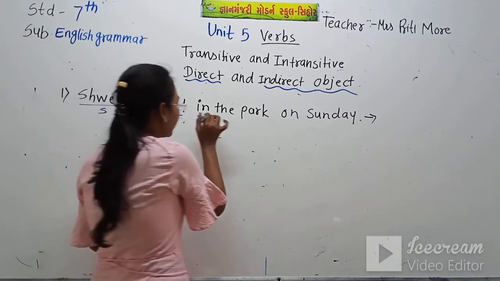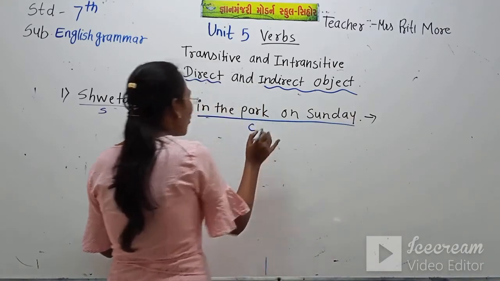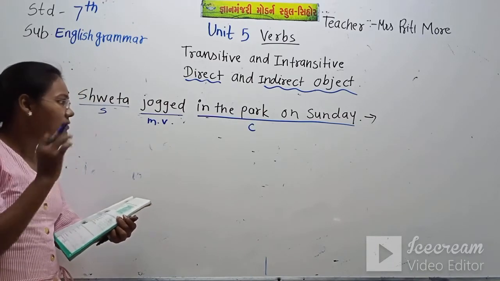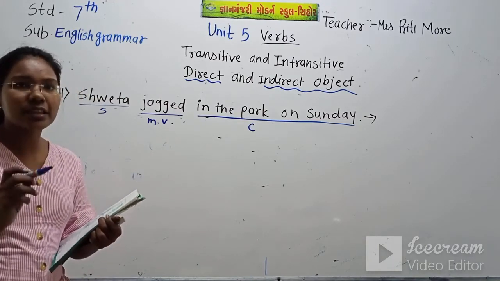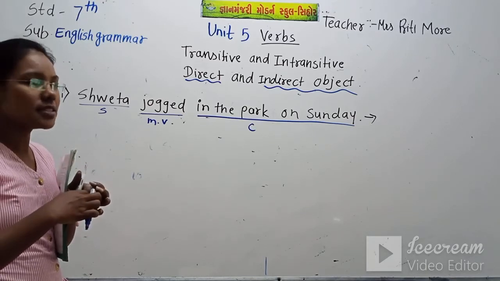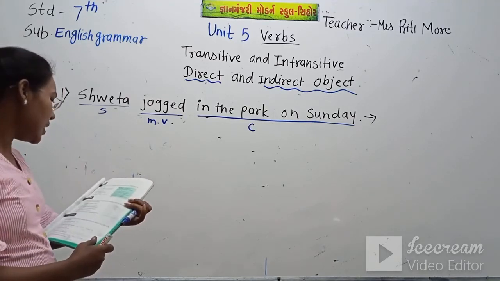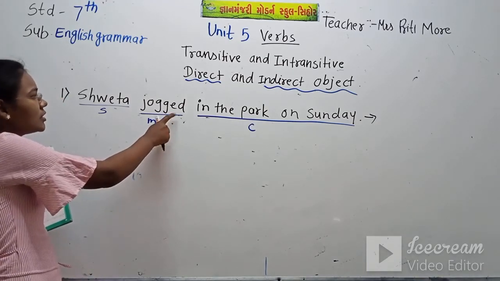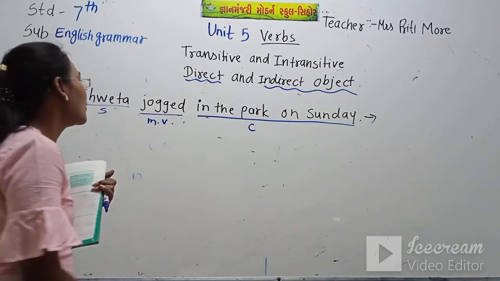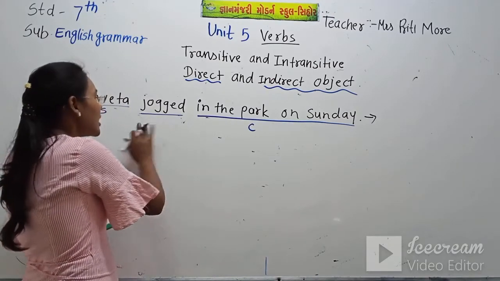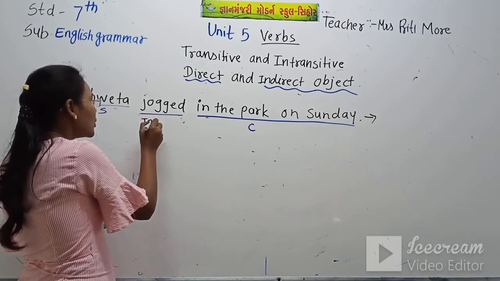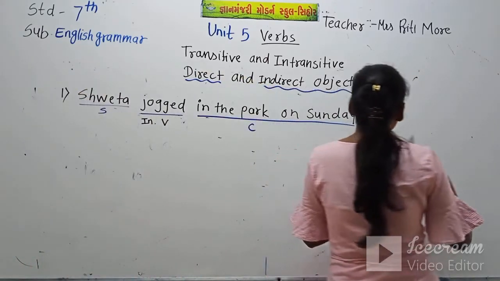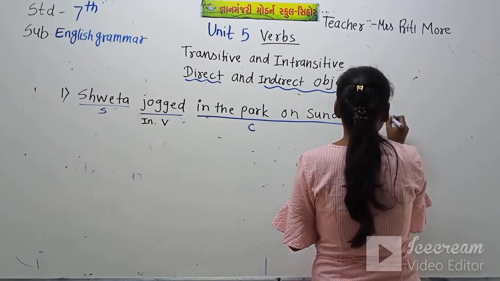These are complements, not an object. So where an object is not there, that sentence has an intransitive verb. Here we have to underline the verb and write whether it is transitive or intransitive verb. So this is an intransitive verb.